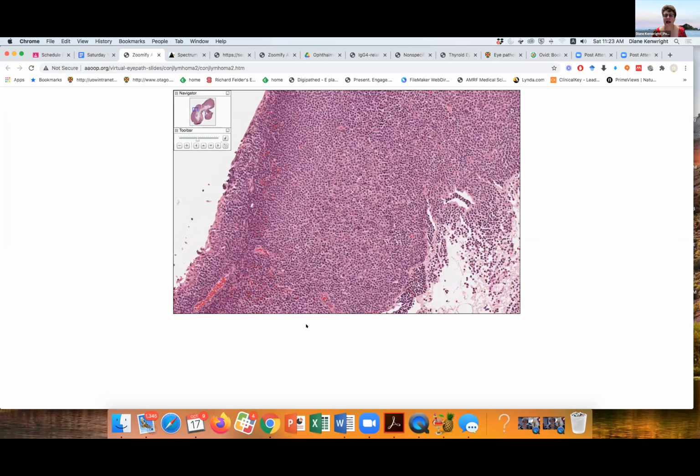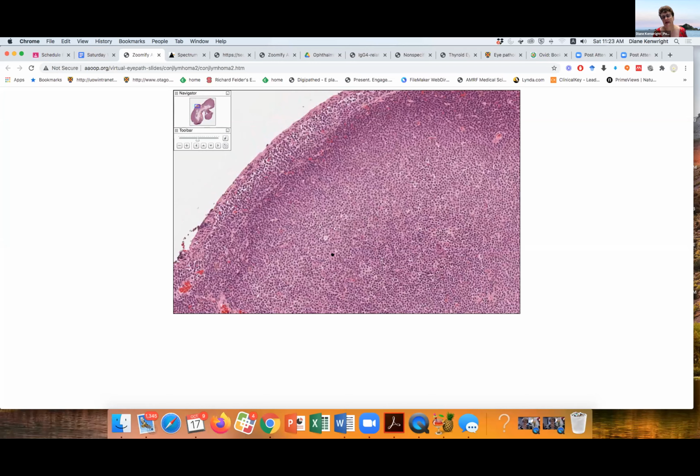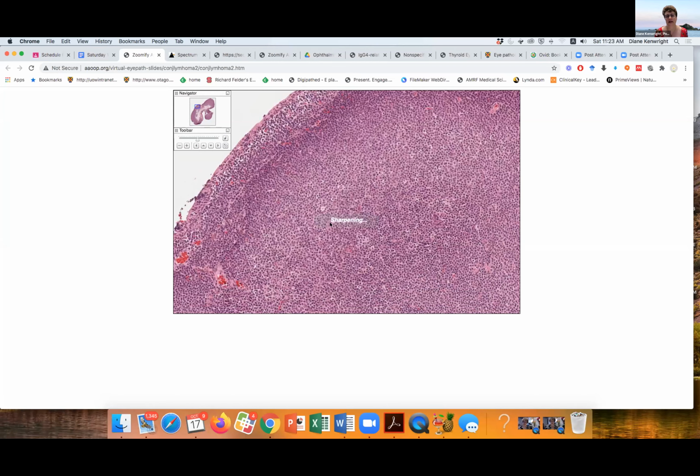Looking around again, the nodules really are poorly defined. One of the tricks to realize is that in lymphoma, if this is going to be a nodular lymphoma, a follicular lymphoma, rather than a reactive process, the nodules that form are poorly defined, they lack polarity, they don't have tingible body macrophages in them, and the cells in them are often part of a monomorphic population.